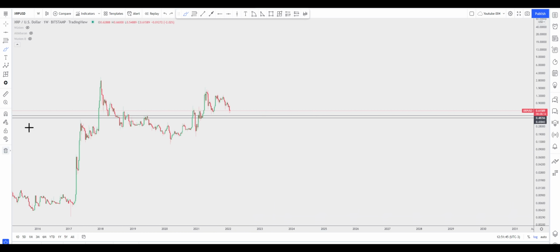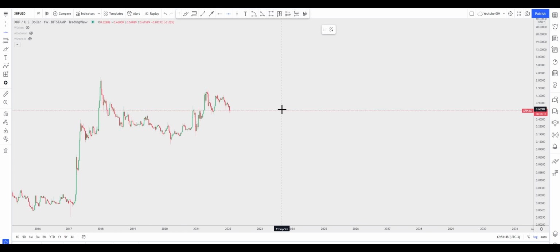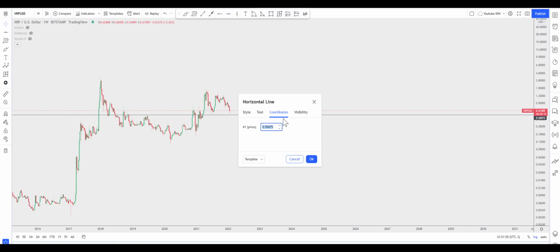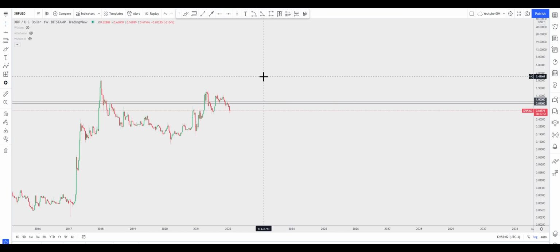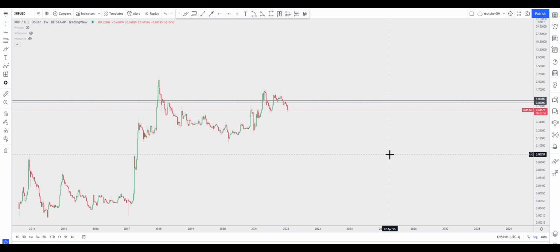Now let's take a quick look at 1 and 89 and then we will be done here. So the big boss for XRP is 1 and 89, not 48 and 43.